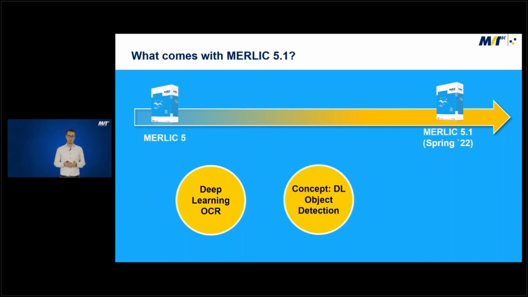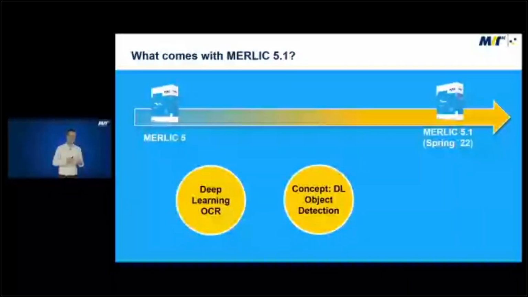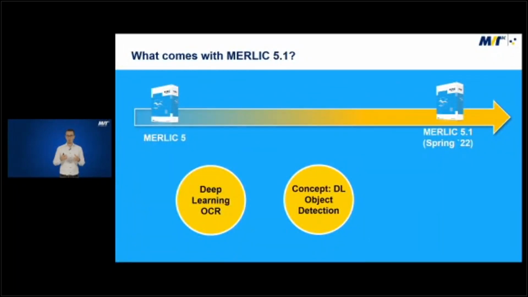With Merlic 5.1, we will introduce for the first time a new category of tools, the so-called concept tools. That means, you maybe remember, I talked about feedback. And to get really early feedback from you as a user, we decided to provide already the first prototypes or the first concepts of new tools within this category, to get very early feedback from you on how you expect that this tool has to work.